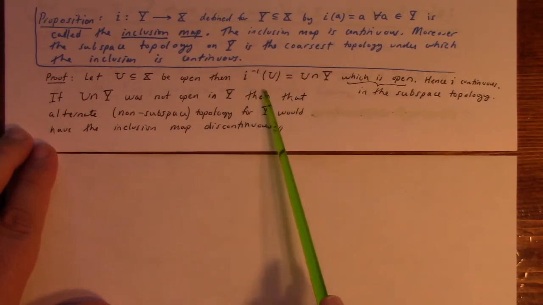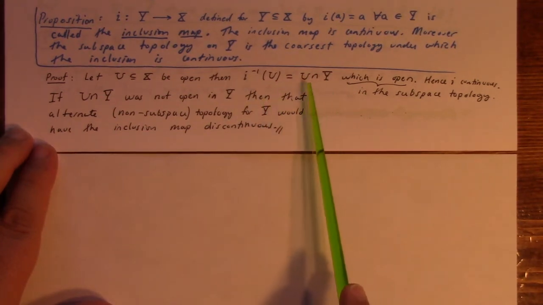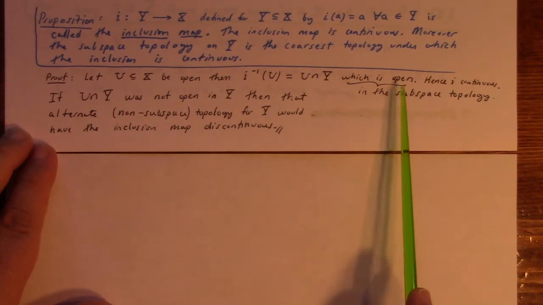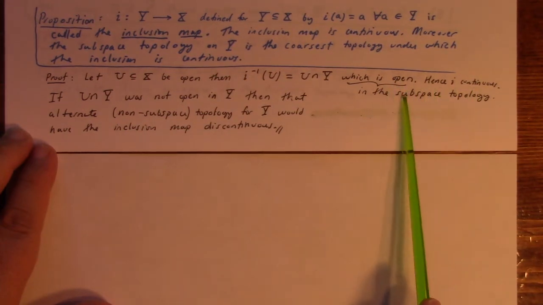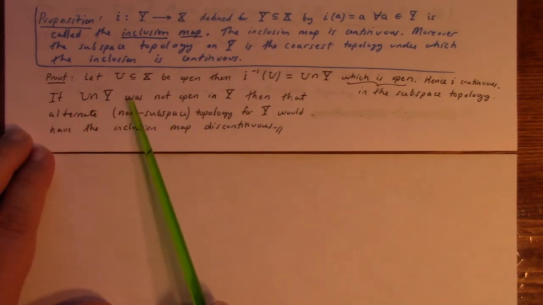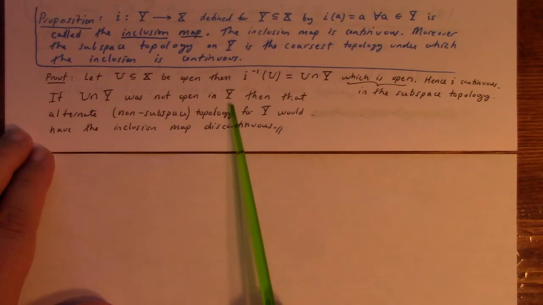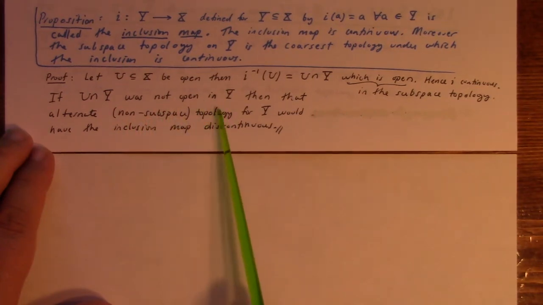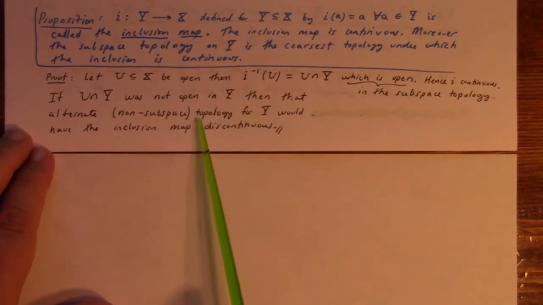And so the intersection of an open set with Y, well, that is exactly an open set in the subspace topology, therefore the inclusion map is continuous. By the way, if U intersect Y was not open in Y, in some other topology other than the subspace topology, then that would mean that the inclusion map is not continuous.